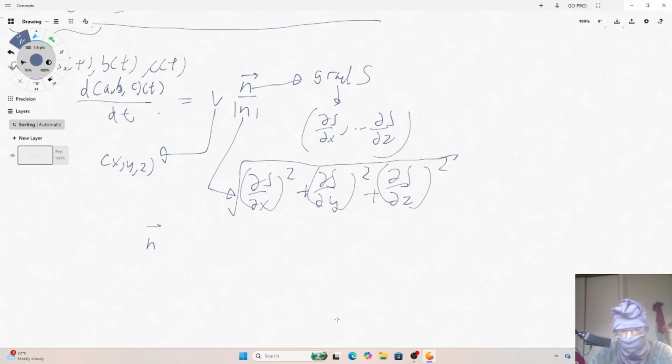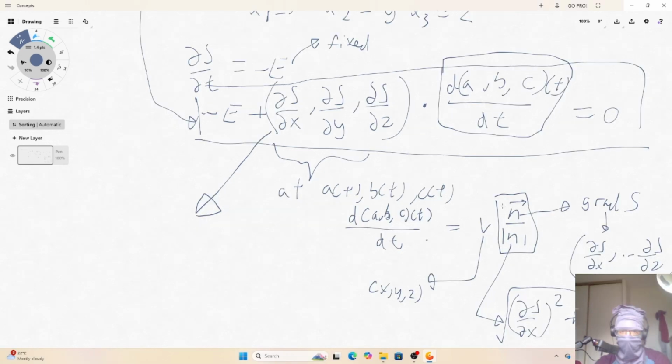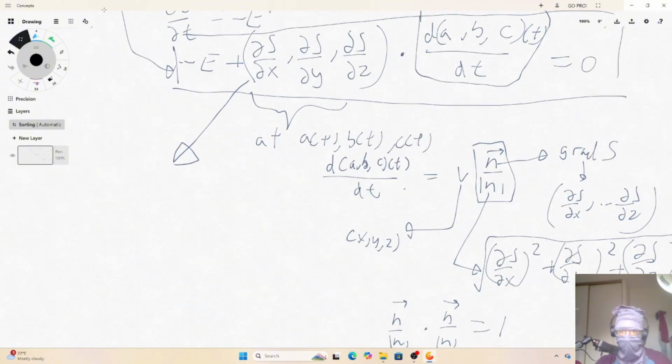So that new vector, if you take the inner product with itself, is going to be equal to 1. So it's a unit length, unit normal. We can extract the values of these quantities from the Hamilton-Jacobi equation.